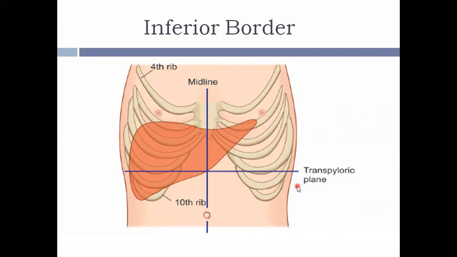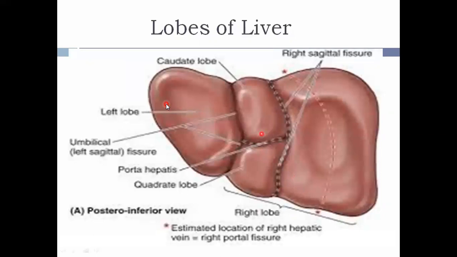Then we'll see the lobes of the liver. The main lobes of the liver are the right and the left lobe. The lobes of the liver vary when we see from the diaphragmatic surface and from the visceral surface. From the diaphragmatic surface, the liver is divided into right and left lobe by the presence of the falciform ligament. We'll see that next.